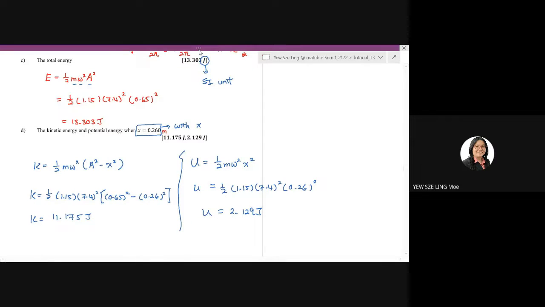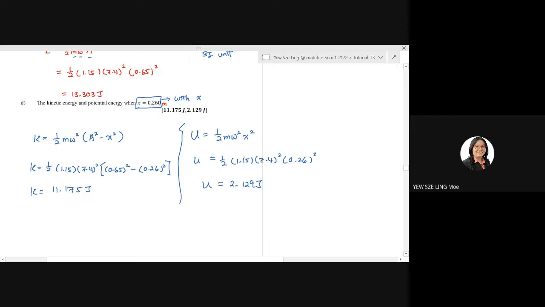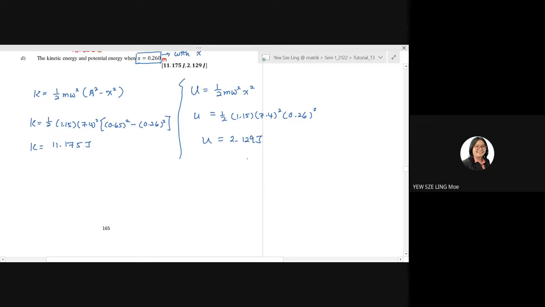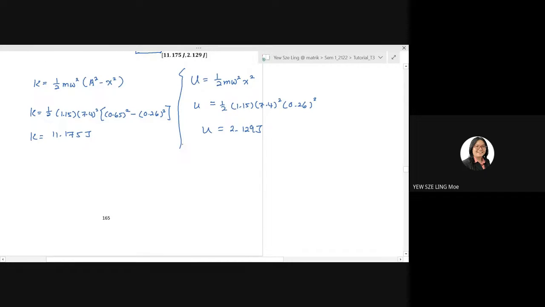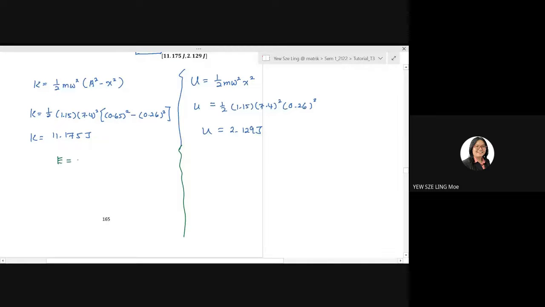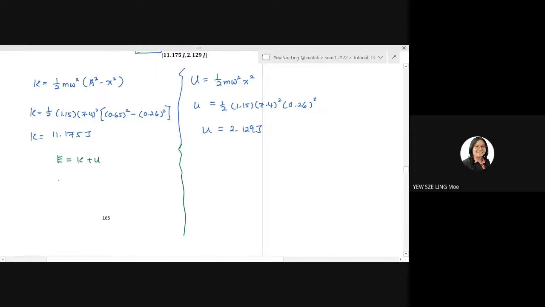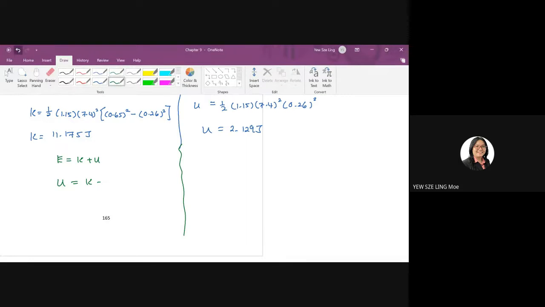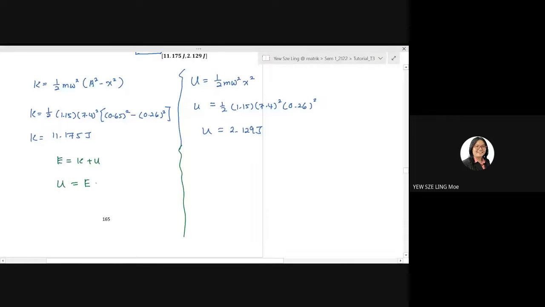Now for these two questions, questions C and D, actually it gives you another set of solution. You can use another method to calculate either potential energy or kinetic energy. For example, after you obtain kinetic energy, you can apply E equals K plus U, and from here we know U equals E minus K. So rearrange the equation.